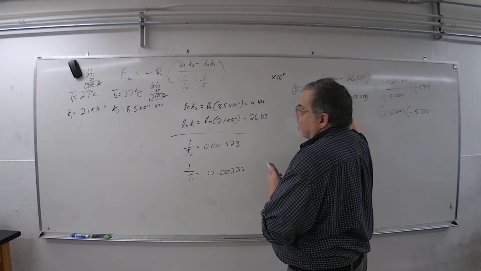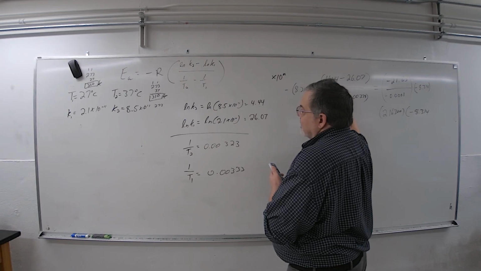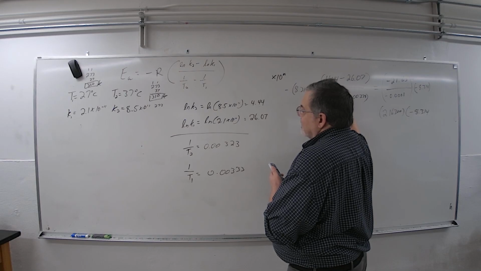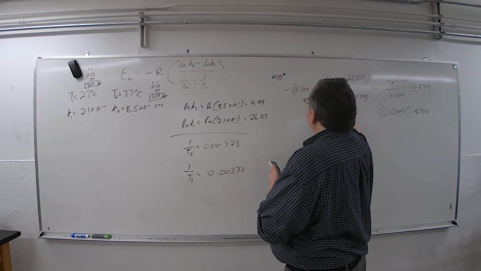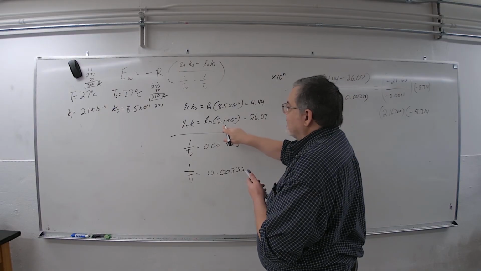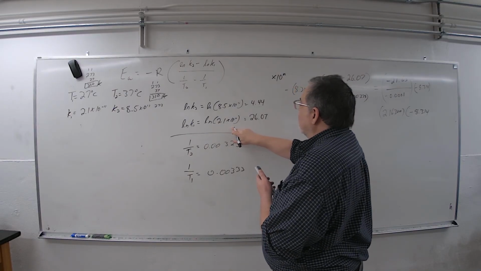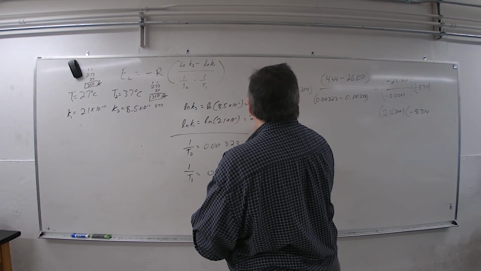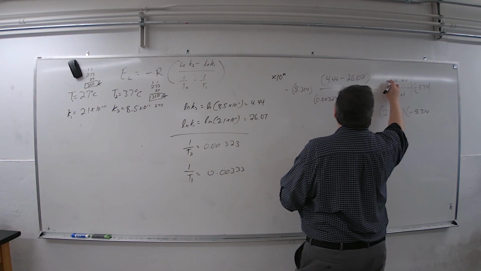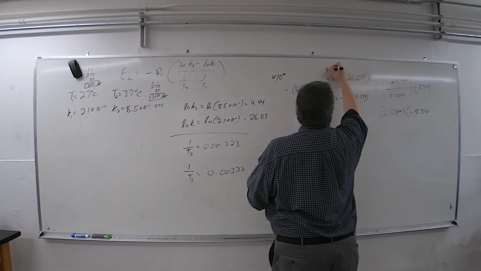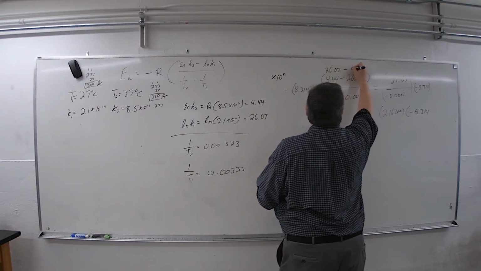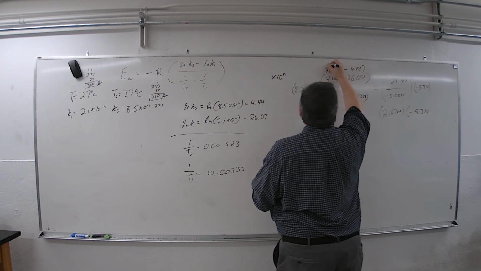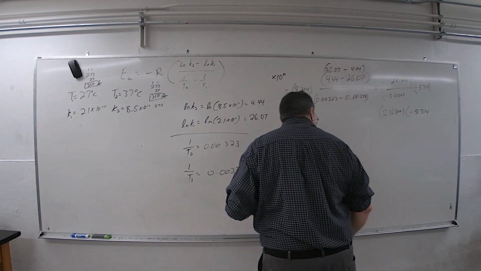This was from K1. That's K1. And I wanted to do this minus this. This was backwards. These were backwards. It's only the difference of a negative, but it's bugging me.